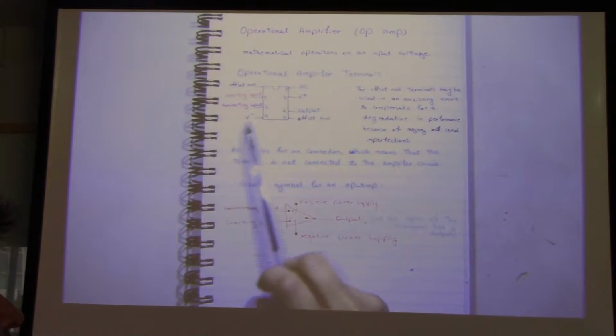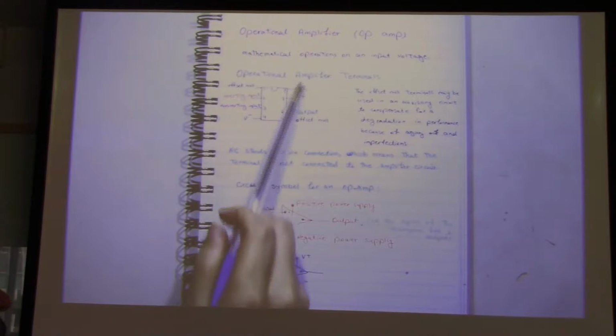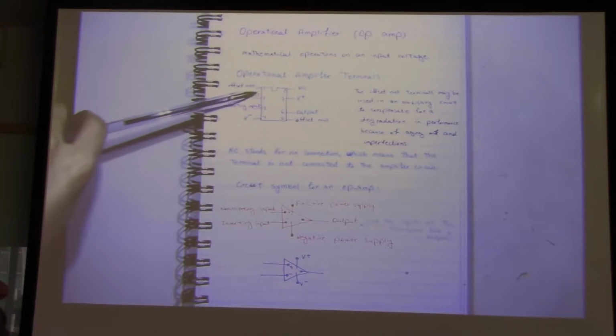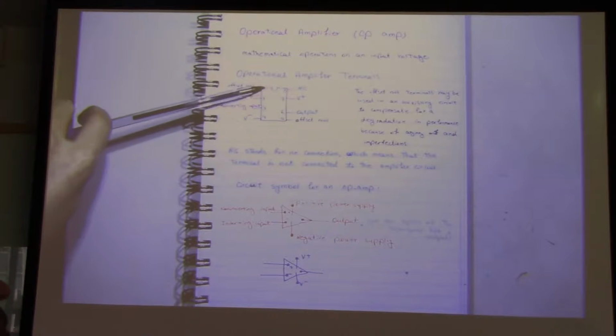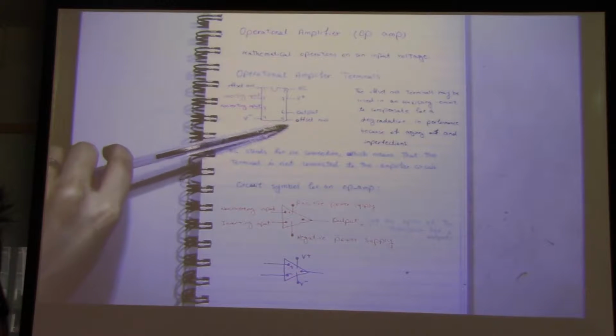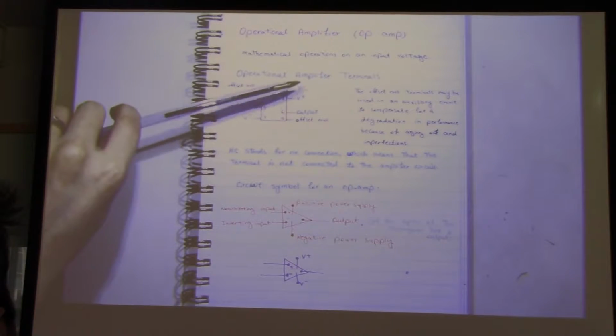So how do you number the terminals from the top left side? 1, 2, 3, 4, 5, 6, 7, 8.